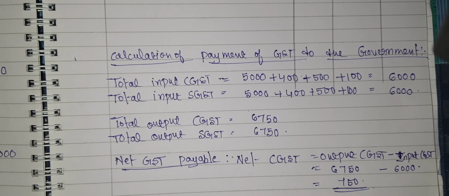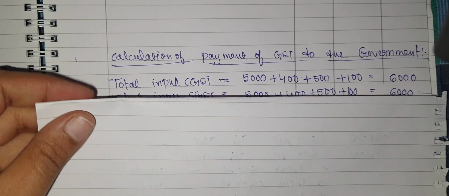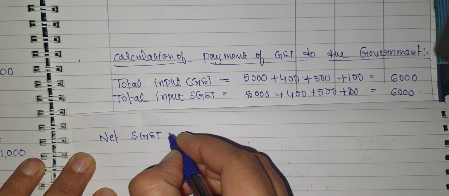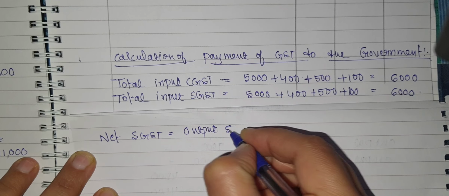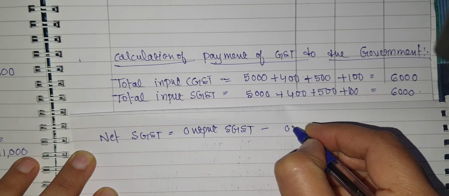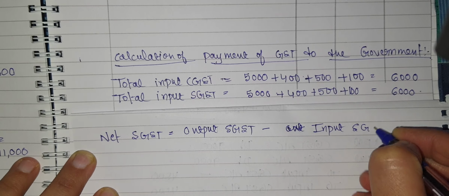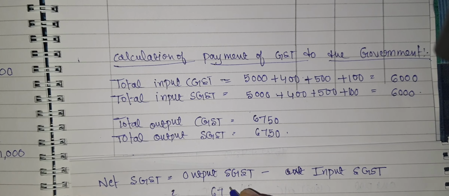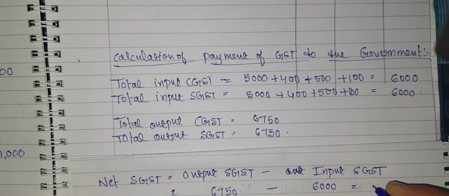Here I will do net SGST, which is equal to output SGST minus input SGST. Output SGST is 6750 and input SGST is rupees 6000, which means 750.